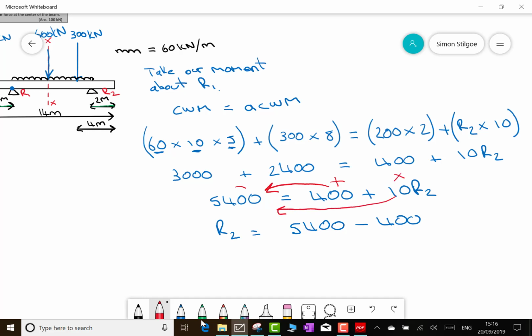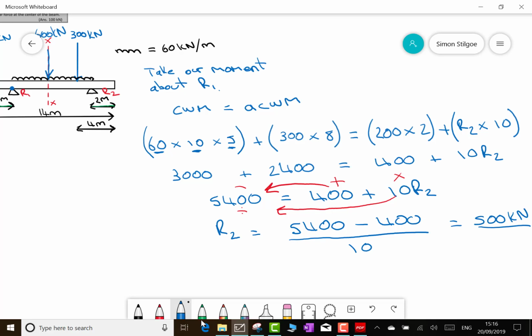Well, it's a times over here, so it's a divide over there. So I can pick that up in my final equation here as divide by the 10. So this is going to give us 5,400 minus 400, which is our 5,000, and then 5,000 divided by 10, which gives us 500 kilonewtons. And there is my first reaction force.